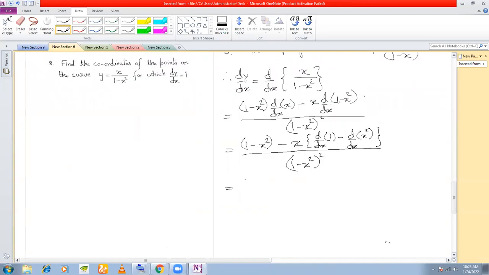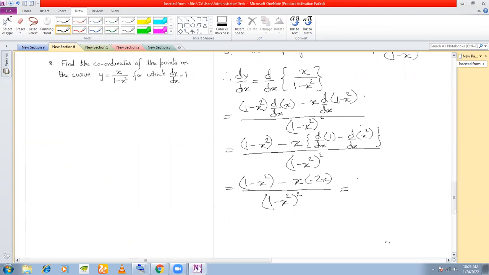That is equal to 1 minus x square minus x times d/dx of 1, which is 0, right? And d/dx of x square is 2x. So 0 minus 2x will simply give you minus 2x, right? Divided by 1 minus x square whole square.